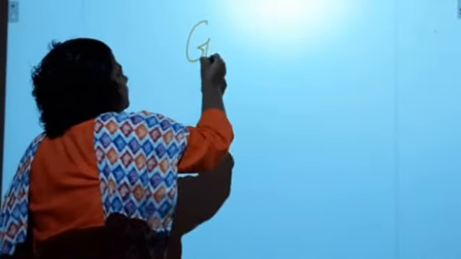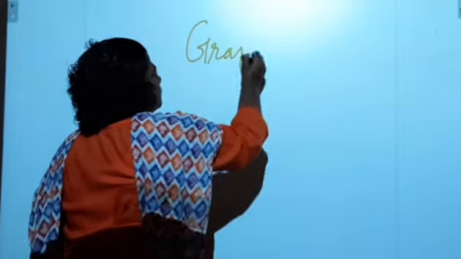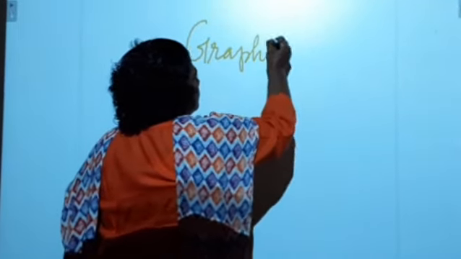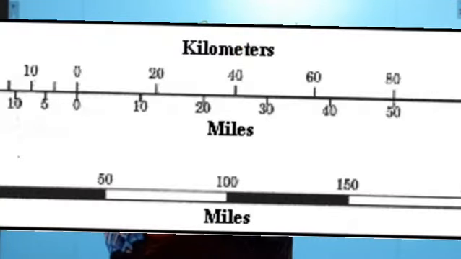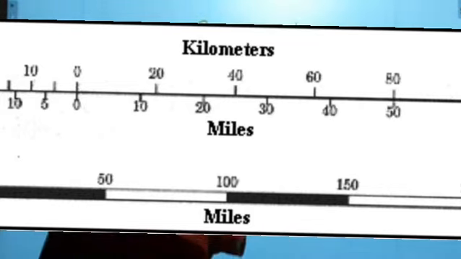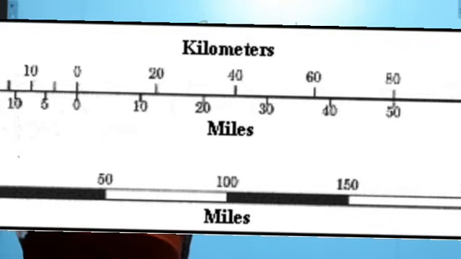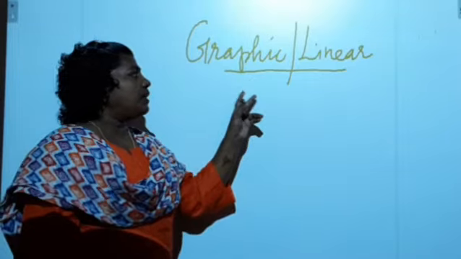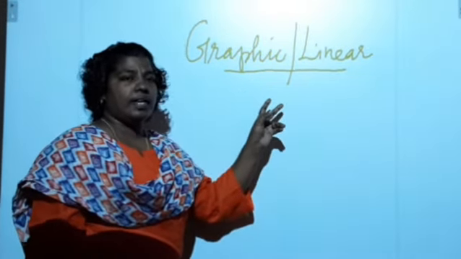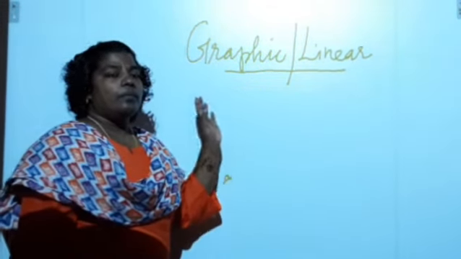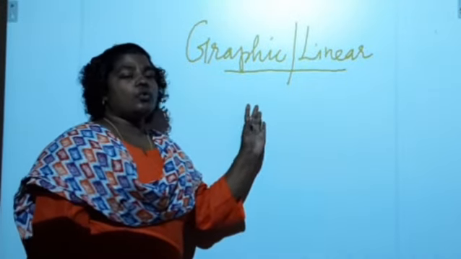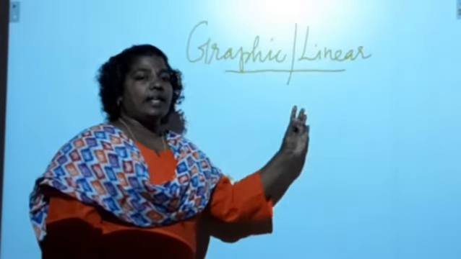Okay. Graphic or linear scale, the second type of scale used in the map. In the graphic scale or linear scale, the distance is shown in a straight line.